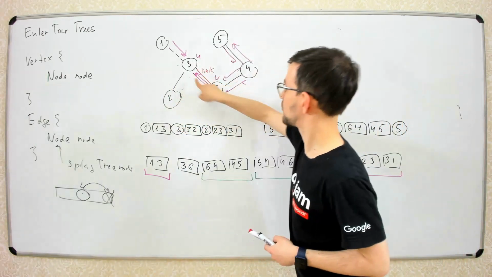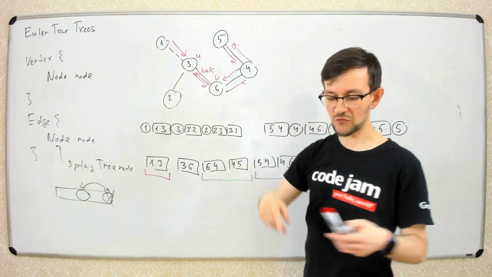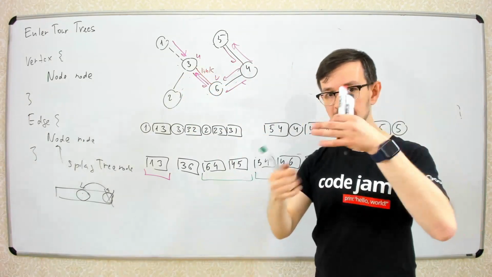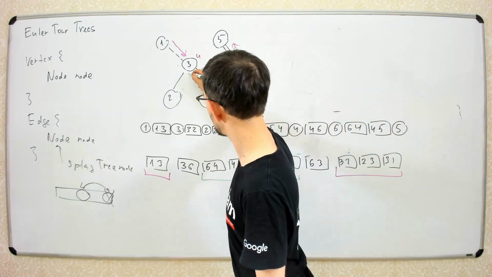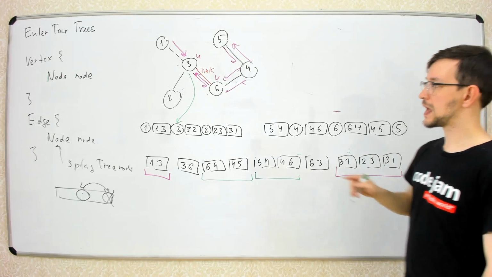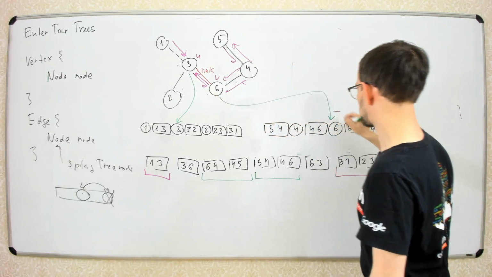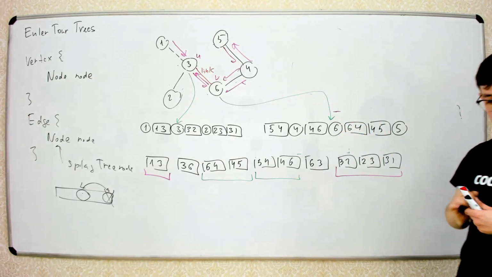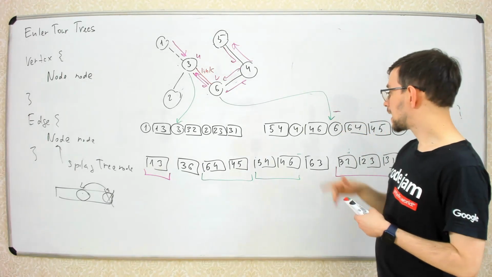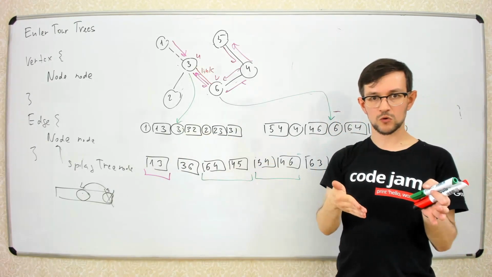So now what happens when we want to link? I want to link 3 and 6. I take this node 3, and find the corresponding node of the Splay tree. I use this pointer to get this node of the Splay tree. And now I take this node 6 and use this pointer to find this node. Now that I know these two nodes, I know where to split these two Euler tours.